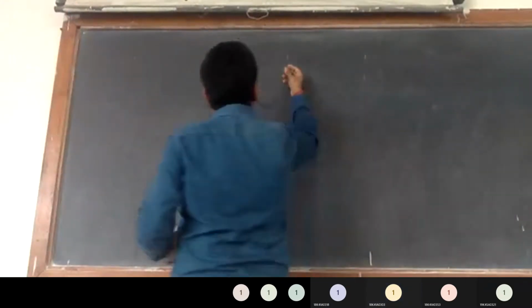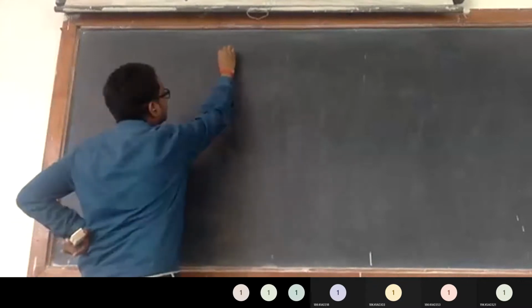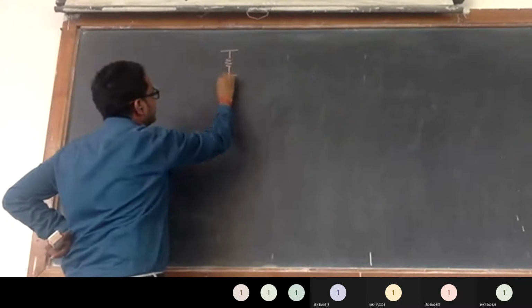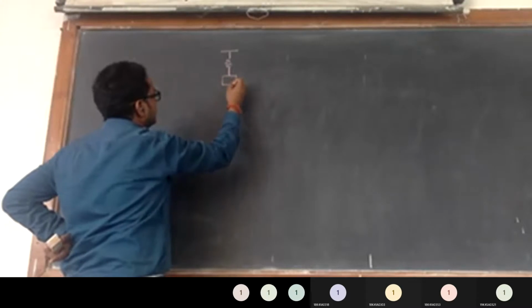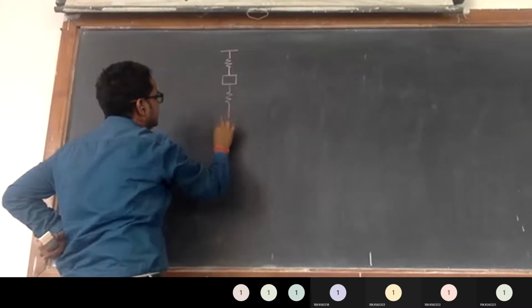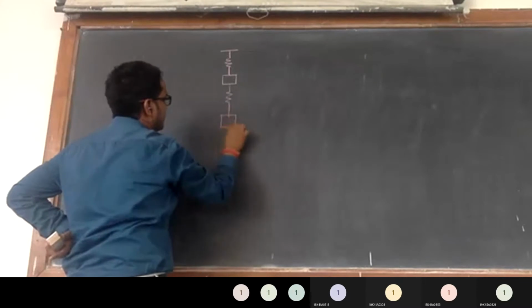Okay, so I will draw the problem statement here. You are having one spring, then one mass is attached over here. Then again we have one spring, then again a mass.